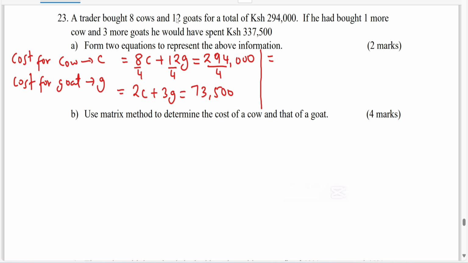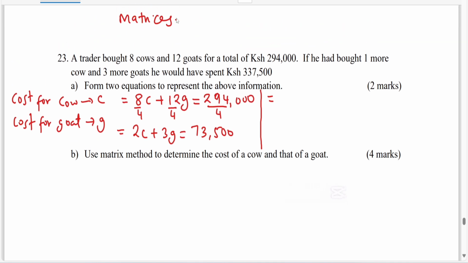So hapo kaambia if he had bought one more cow. So one more cow and 3 more goats. So if he had bought one more cow, which is 8 plus 1, gives you a total of 9 cows now. And 3 more goats, if you add 3, gives you 15 goats. So if he had bought 9C plus 15G is equivalent to, he would have spent 337,500.